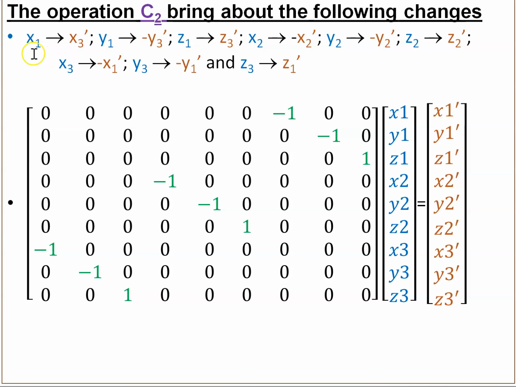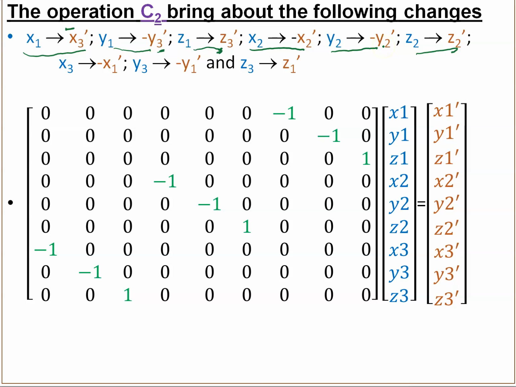That is, x1 is equal to minus x3 dash. Y1 is equal to minus y3 dash. Z1 is equal to z3 dash. X2 is equal to minus x2 dash. Y2 is equal to minus y2 dash. Z2 is equal to z2 dash.